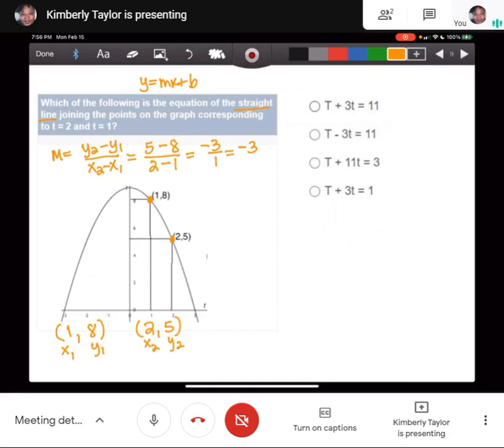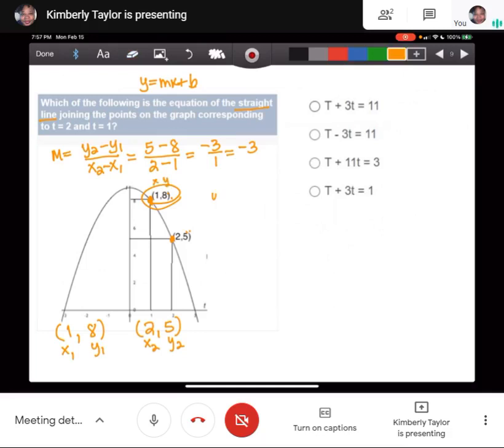Now remember, I'm still working with this general equation, y equals mx plus b. So in order to put it in this type of format, I have my value for m, which is negative 3. I need a value for b. So I could pick either one of these points and plug it into this formula. So I'm going to pick the 1 and the 8. So the 1 is going to be my x value and the 8 is going to be my y value.